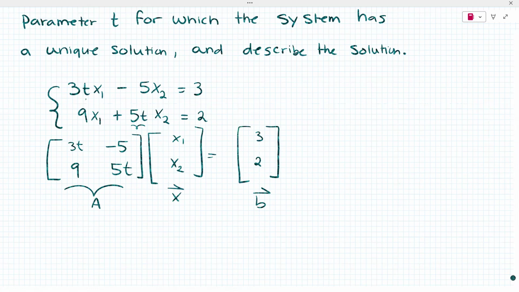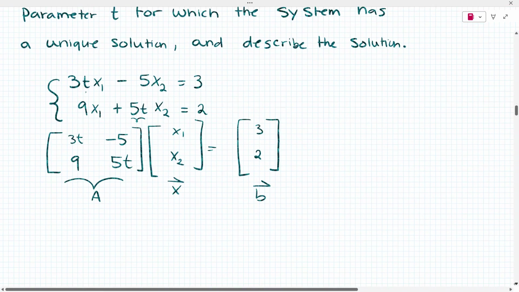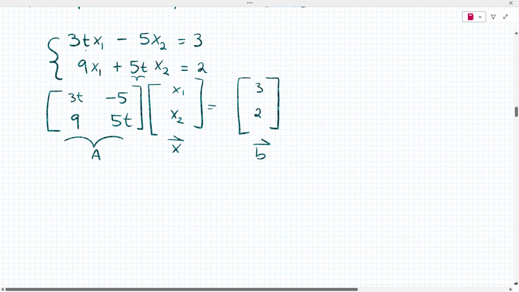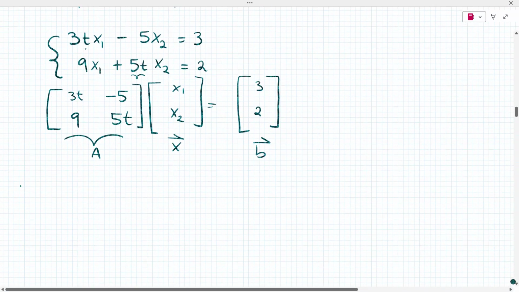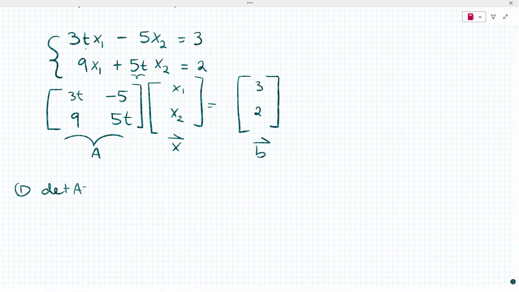So the first step is we've got to find the determinant of A. Step 1 of Cramer's rule: find the determinant of A. It's a 2 by 2, right?